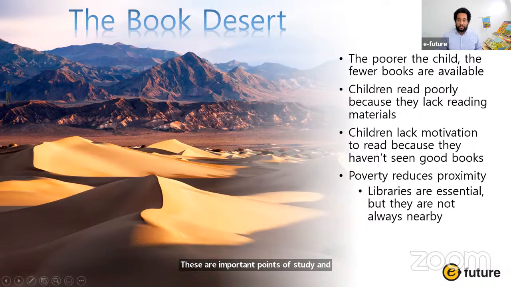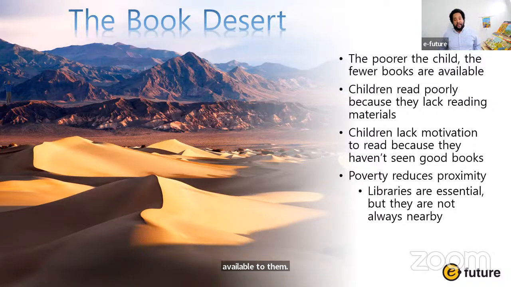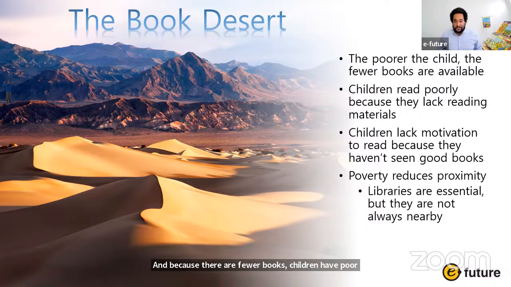And when we're talking about books and the book desert, the facts are that the poorer the child is, the fewer books are available to them. And because there are fewer books, children have poor reading skills because they lack the proper reading materials. This also means that they have a lack of motivation to read later on, or continued lack of motivation.